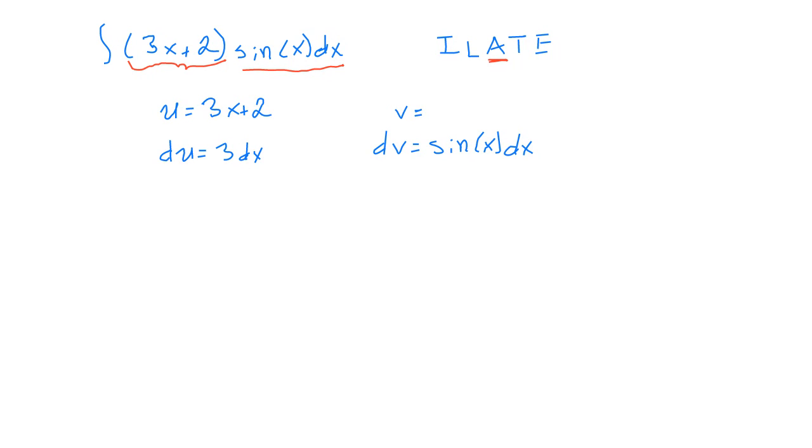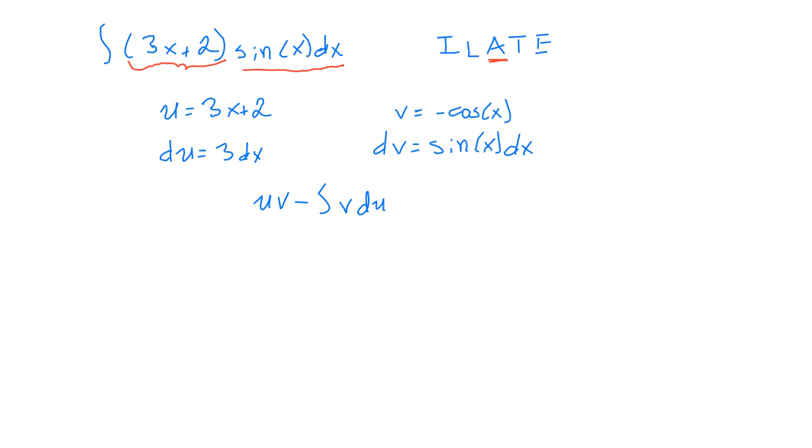That's right, it's actually negative cosine. And you can always check your work on this, right? We integrated sine, and the derivative of cosine is negative sine, so the two negatives turn back into a positive. And then we have our formula, uv minus the integral of v du.